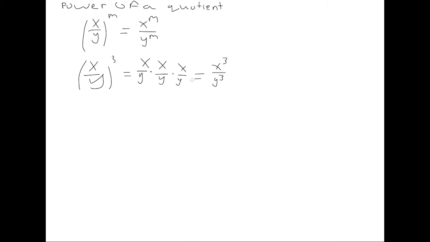And you see it works because whatever this power is, everything on the numerator is going to be multiplied by itself 3 times, and everything on the denominator is going to be multiplied by itself 3 times. So that's why both the numerator and the denominator are put to the m power when the whole thing is put to the m power. So that's the power of a quotient rule.